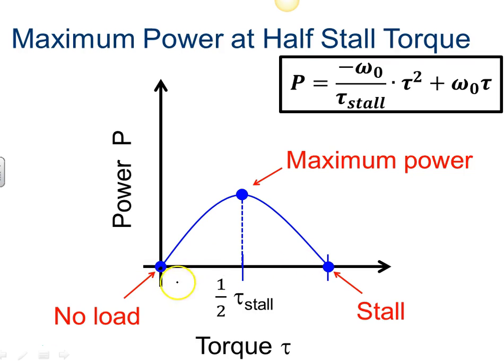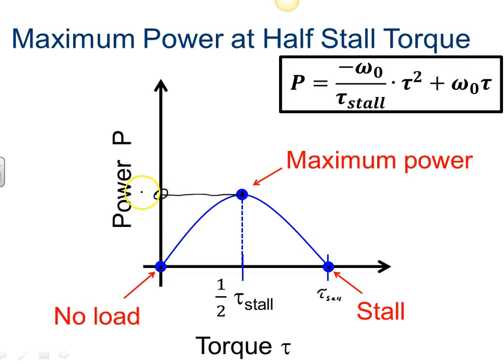Then we can see that if we're going from no load here, where this is torque on this axis and this is power, if we've got torque 0 here versus stall torque out here, which is tau stall, then this point, the apex of the parabola, the highest point, at 1/2 tau stall, represents the point that gives us our maximum amount of power out.